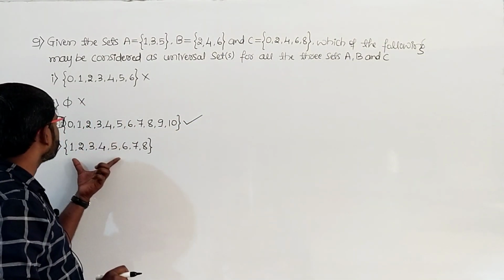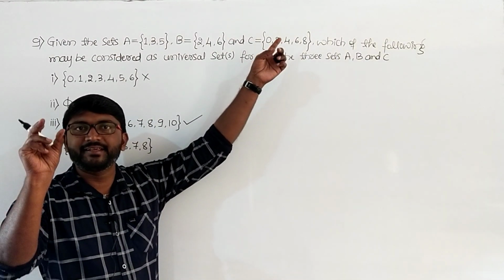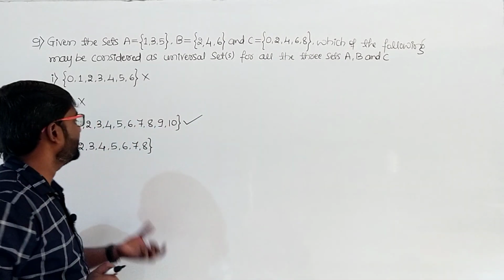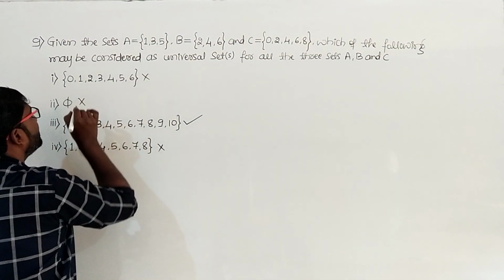And analyze the last option. Here 0 is missing. In the set C you have the element 0, but here 0 is not there. That is why this will also not be the universal set.